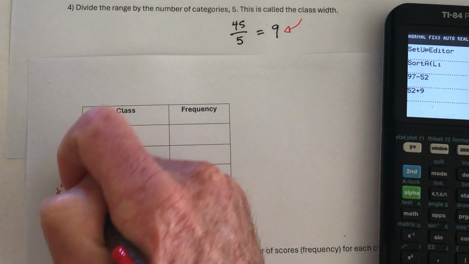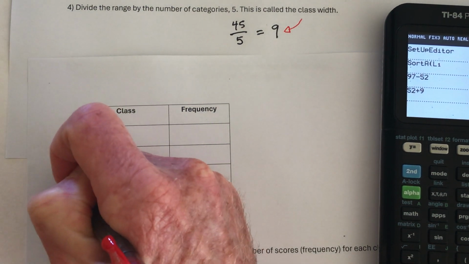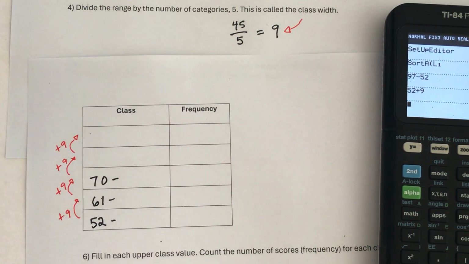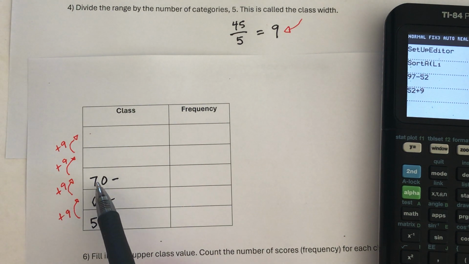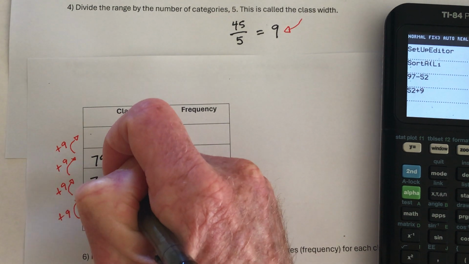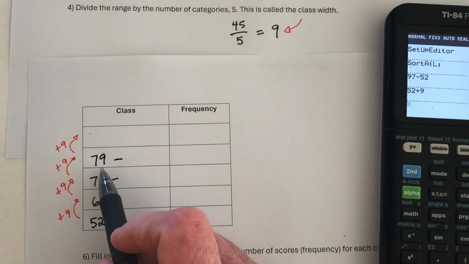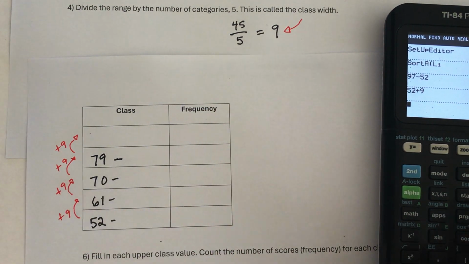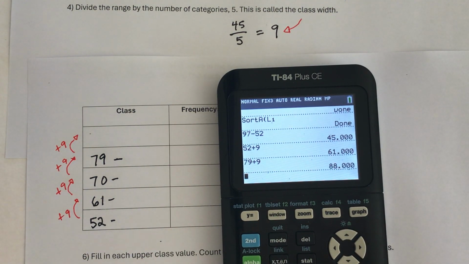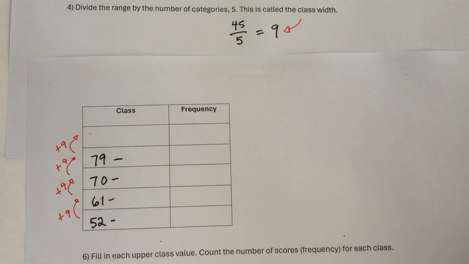And then add 9 again. So 61 plus 9 is 70, and then 70 plus 9 is 79. And then 79 plus 9, I'm pretty sure that's 88. 79 plus 9, yeah, that's 88.